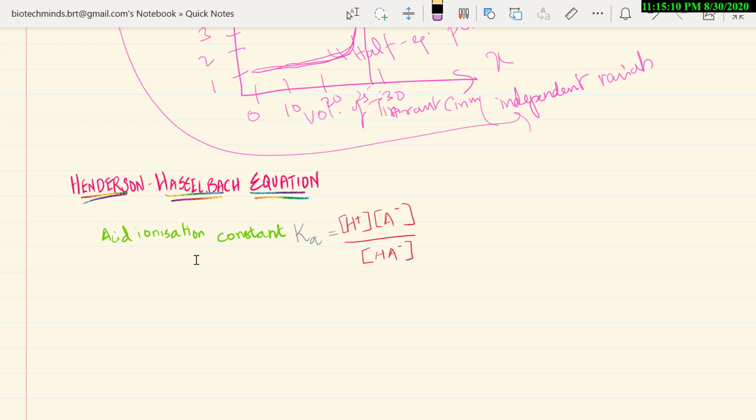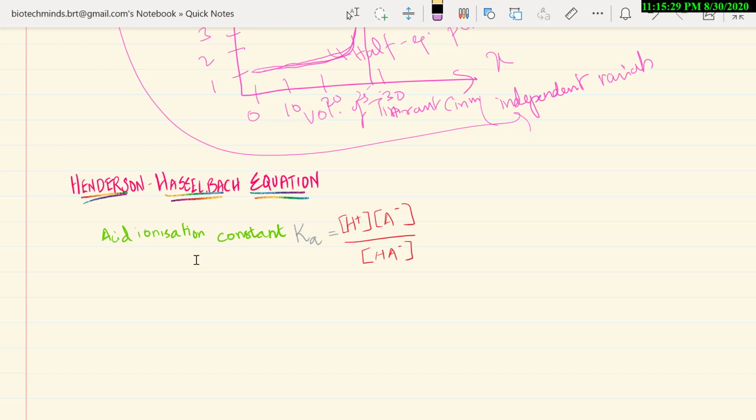This tells you the law of mass action of dissociation of a weak acid in terms of this acid ionization constant. Why are we calling this acid ionization? Because this constant is directly proportional to the number of protons involved, which is nothing but acid.